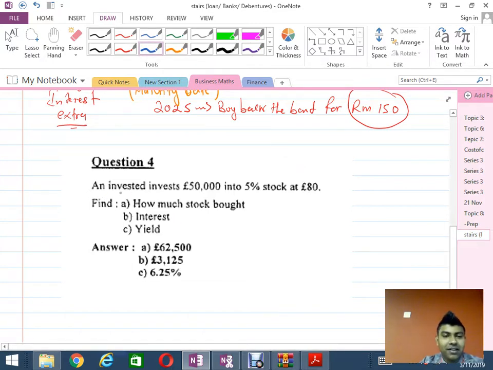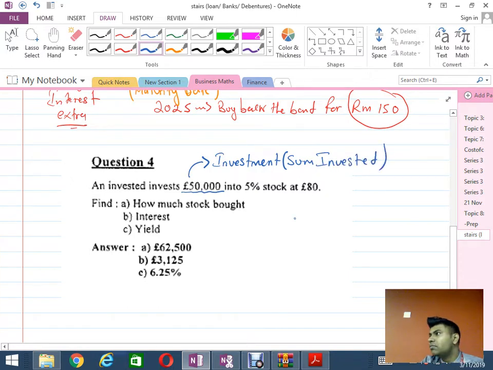Now, look at that. An investor invests 50,000. So, this is the investment value. In other words, that is your sum invested. 5% is the rate.